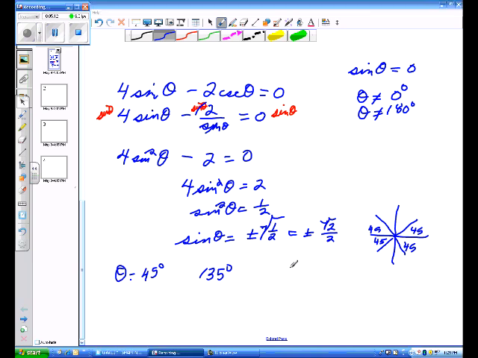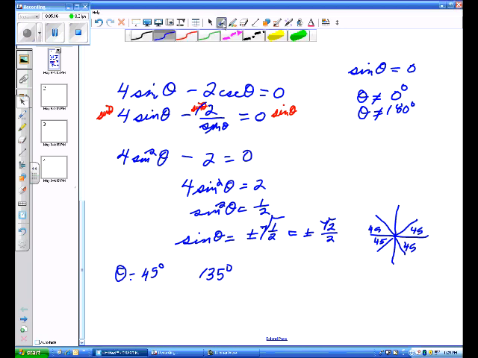In the third quadrant, it would be 180 plus 45. So that would be 225. And in the fourth quadrant, 360 minus 45 would be 315 degrees. So that gives us all the values of theta that would make this equation true.